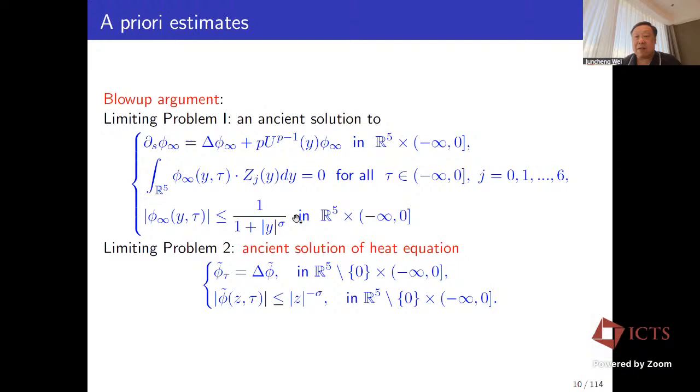Then from the upper estimates, we get existence. So in this blow-up argument, the fact that this kernel is in L2 is very important, because otherwise we cannot take a limit inside, and we cannot get any contradiction.